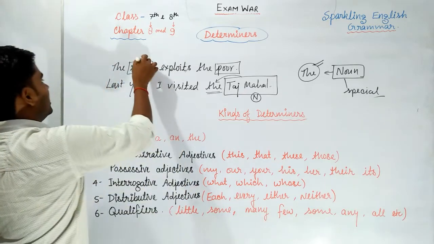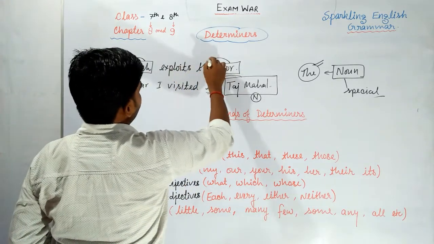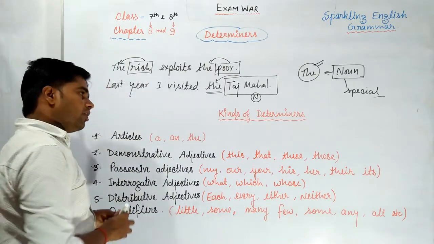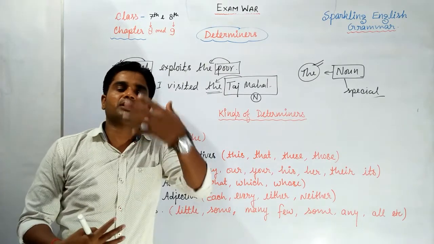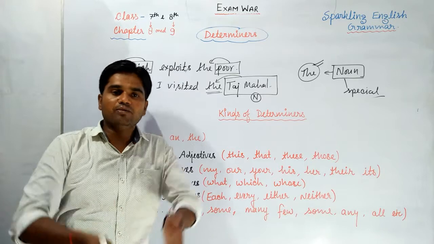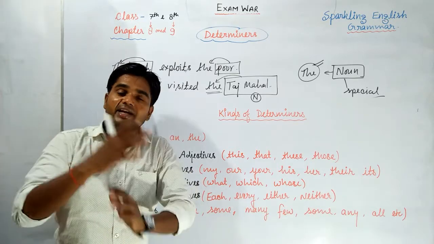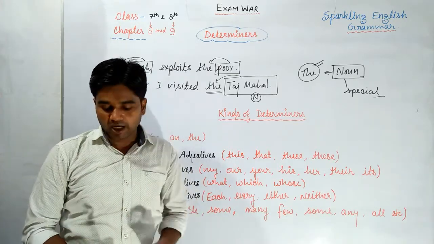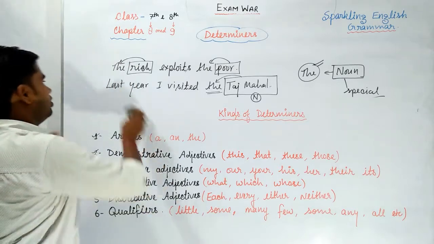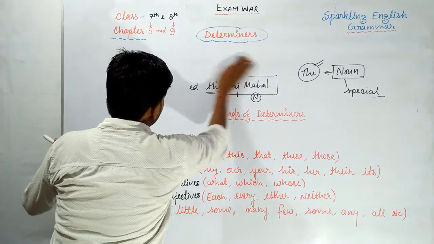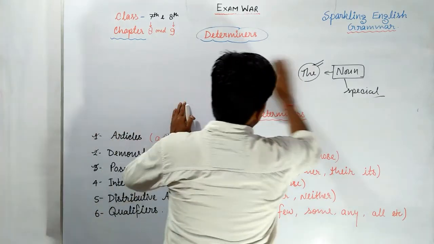That's why the article the is used before these two words. I think you got this point. The is used before some special nouns. Whenever we make any noun special, then we use the article the before it, not a or an. So this is the case of articles.